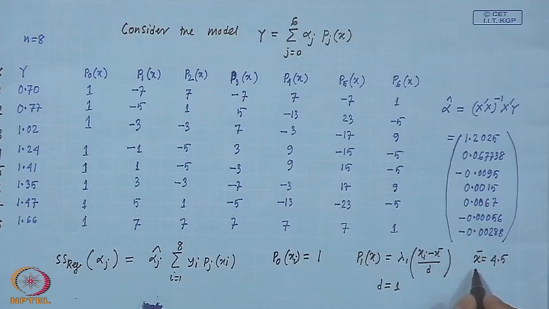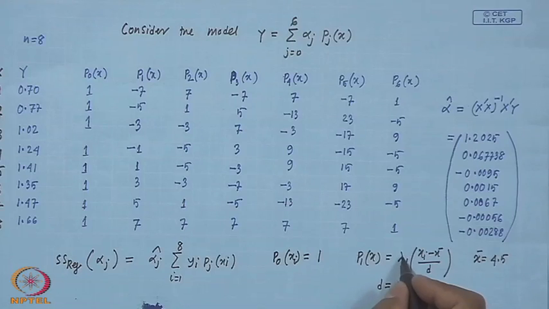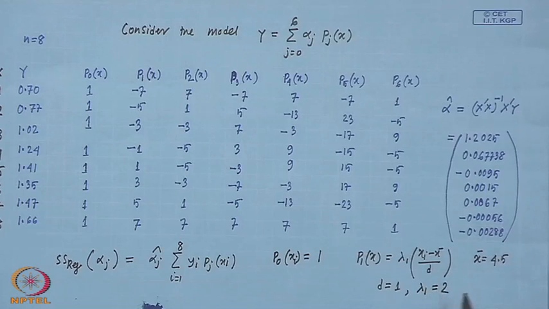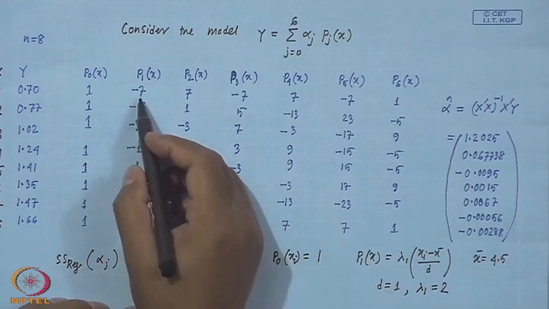So, for x 1 it is minus 3.5, and lambda is an integer chosen in such a way that the polynomial values become integers. So, here you have to choose lambda 1 equal to 2, so that minus 3.5 becomes minus 7.